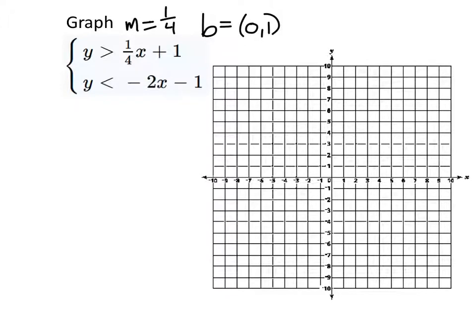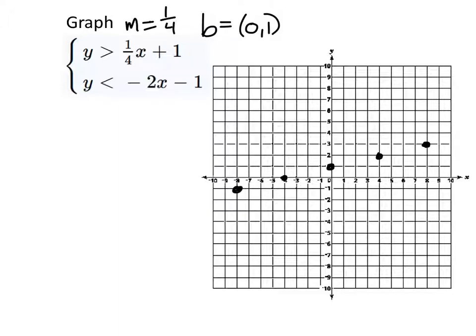Yes, you could, but I think it's easier for us if we use the slope and the y-intercept. So starting at 0, 1, and I'm going to go up 1 to the right 4, up 1 to the right 4. That's as many points as I can fit to the right, but what about to the left? Down 1 to the left 4, down 1 to the left 4, and that creates this line.